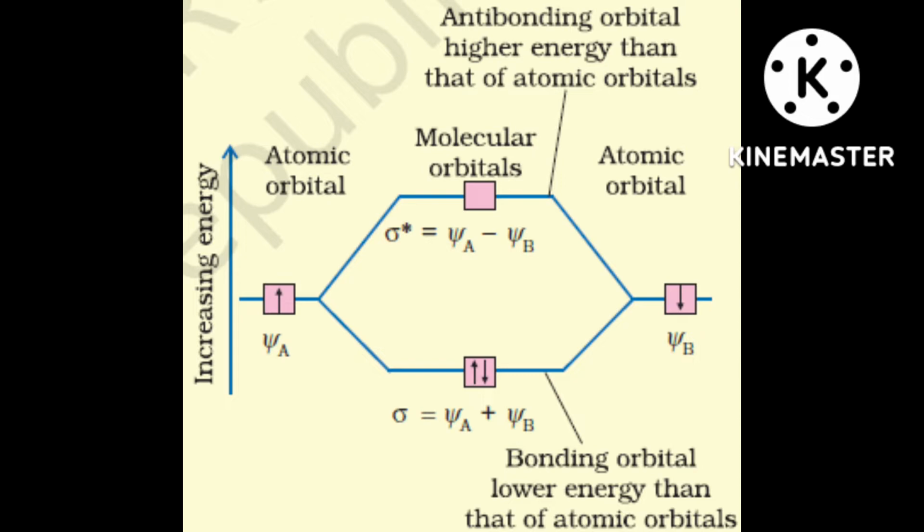Second, the atomic orbitals of comparable energies and proper symmetry combine to form molecular orbitals. Here you have to consider two things: comparable energies means almost the same energies, and proper symmetry means the structure or direction should be the same.